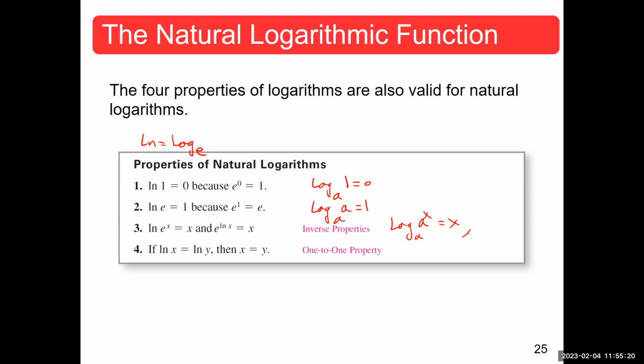Same thing as a to the power log base a of x equals x. One-to-one property, we just did that. If we have a natural log equal to a natural log, then whatever is inside, they are equal. Or you can say natural log of anything equal to natural log of anything else, then the insides are equal.